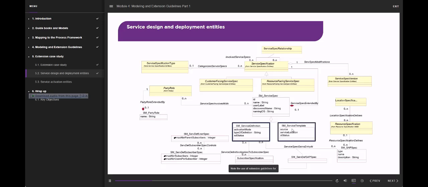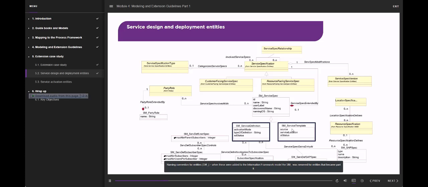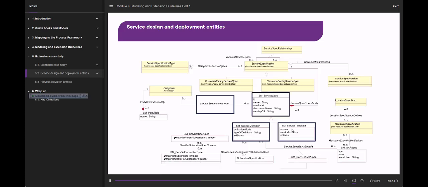Note the use of extension guidelines for naming convention for entities, SM_. When these were added to the information framework model, the SM underscore was removed for entities that became part of it. Next is the naming convention for attributes, SD status, ST status, followed by naming convention for associations.